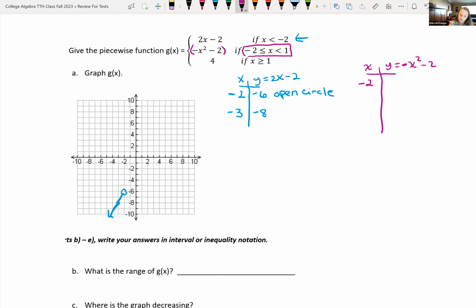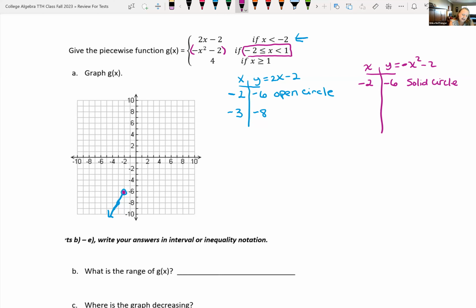So that's -4 minus 2 is -6. And this is a solid circle. But notice -2, -6 was where my open circle was from my other graph. So I'm going to fill that in now. It's now solid.